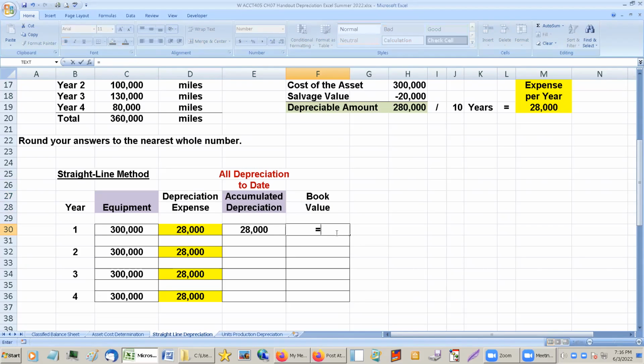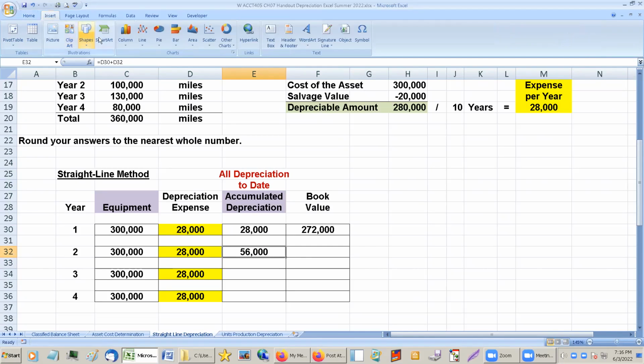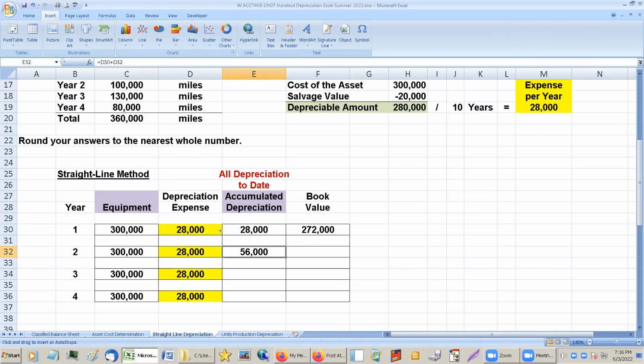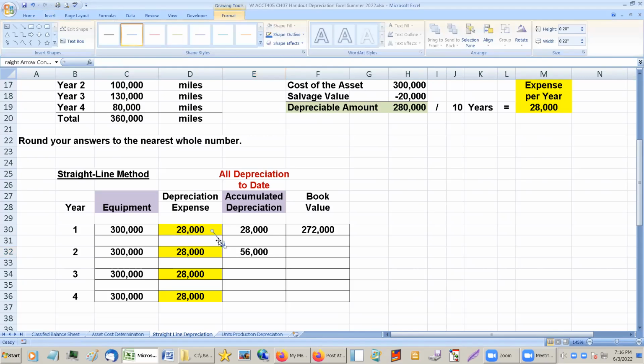So our book value will be 300,000 minus 28,000. That's the first year. Second year, the 28,000 plus 28,000 will be 56,000.